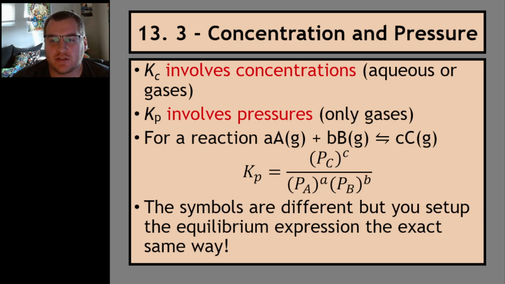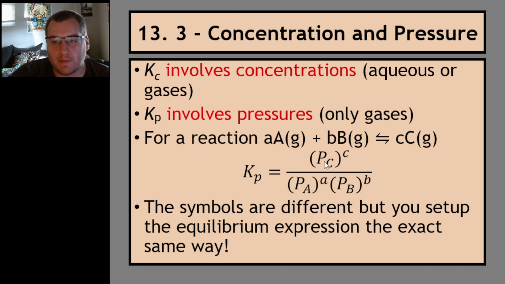For a reaction, so here's my general form. Little a again, little b, all those things again. I have a new equilibrium expression, this one with Kp. Now this works the exact same way. Products over reactants raised to the power. It just looks different. We have capital P, which just stands for pressure. So in this problem, I'll give you a pressure of all the different things in here, and you can find the equilibrium pressure.